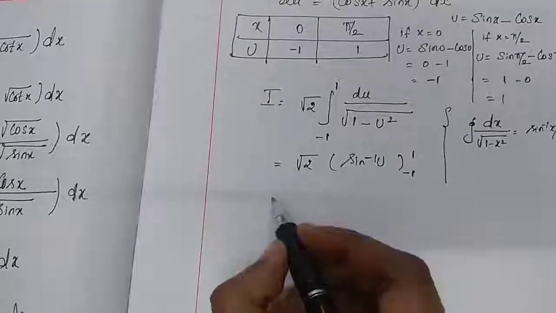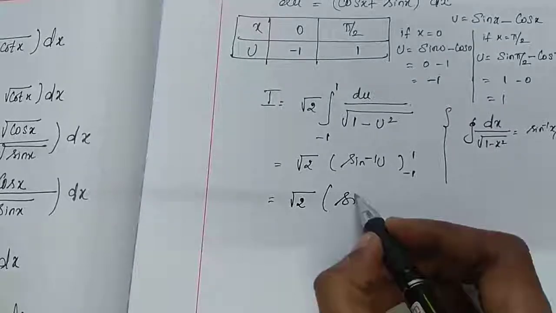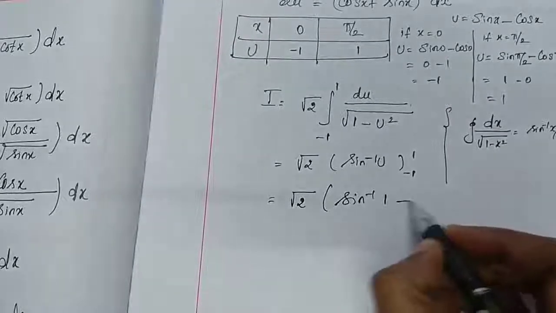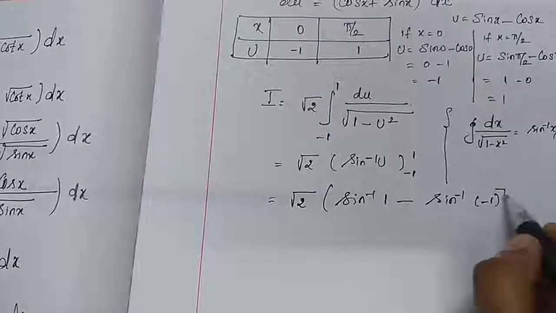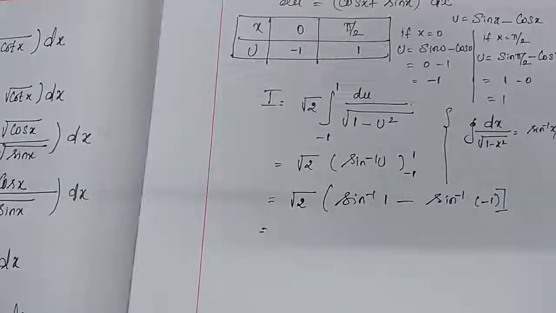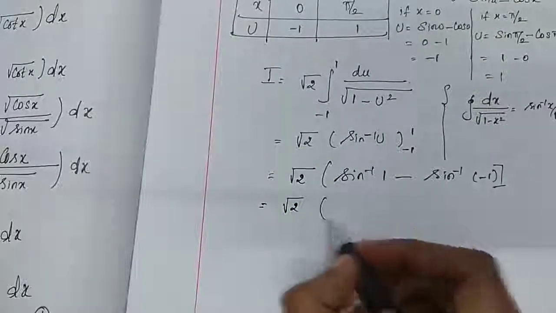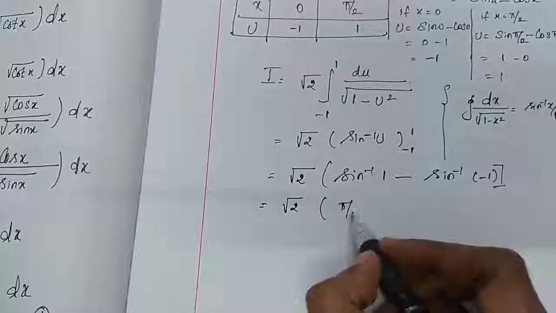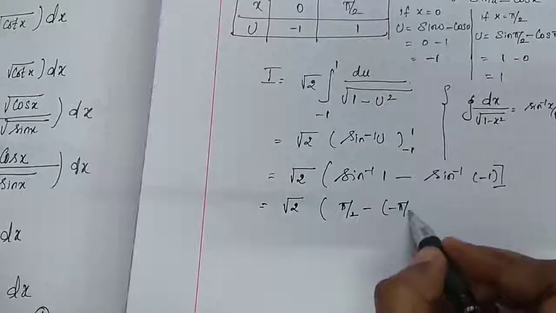Now apply the upper limit and then the lower limit. So root 2 times sin inverse 1 minus sin inverse of minus 1. This is equal to root 2. We know that sin inverse 1 is pi by 2, minus sin inverse of minus 1, which is minus pi by 2.